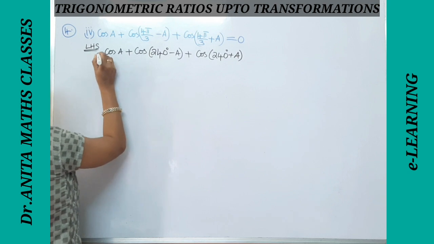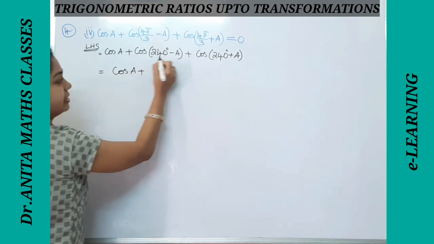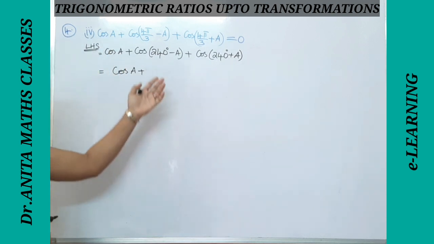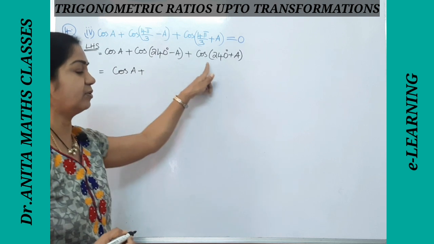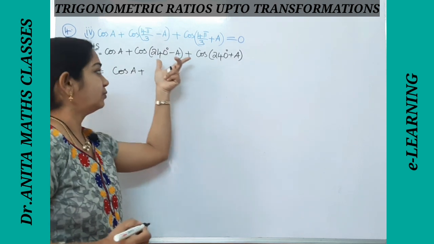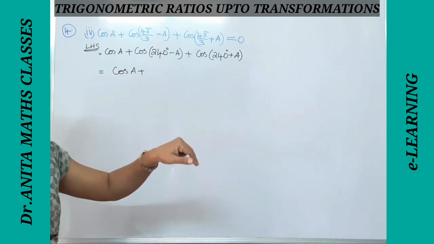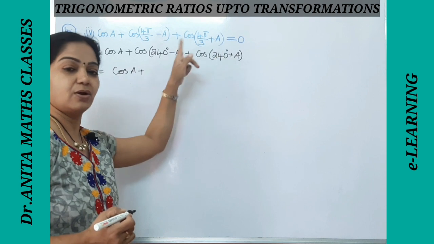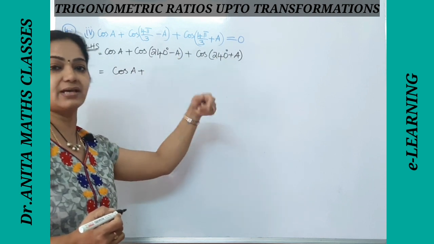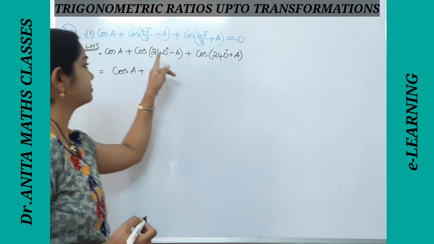Now here let us take cos A here, and if you see these two, if you expand them, they are the compound angles formula. Cos A minus B, cos A plus B. What is the formula of cos A minus B? Cos A cos B plus sin A sin B. Again we get the cos A plus B formula: cos A cos B minus sin A sin B. Here in a cos function, if it is plus you get minus, if it is minus you get plus.